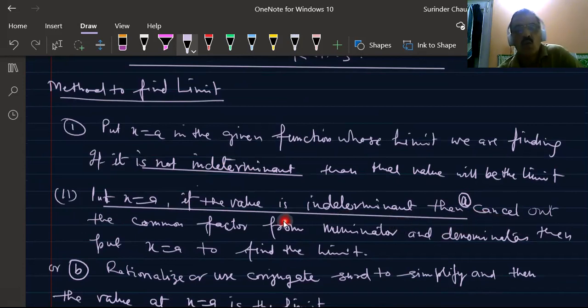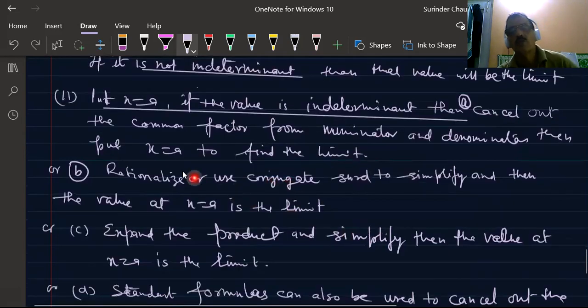First try to see whether the numerator and denominator of that function have a common factor. If they have a common factor, then cancel them out and then put x equal to a to find the limit. If again that is a finite number, that is the limit. If that is not finite, then you have to check for rationalization or using the conjugate, multiplying and dividing by it.